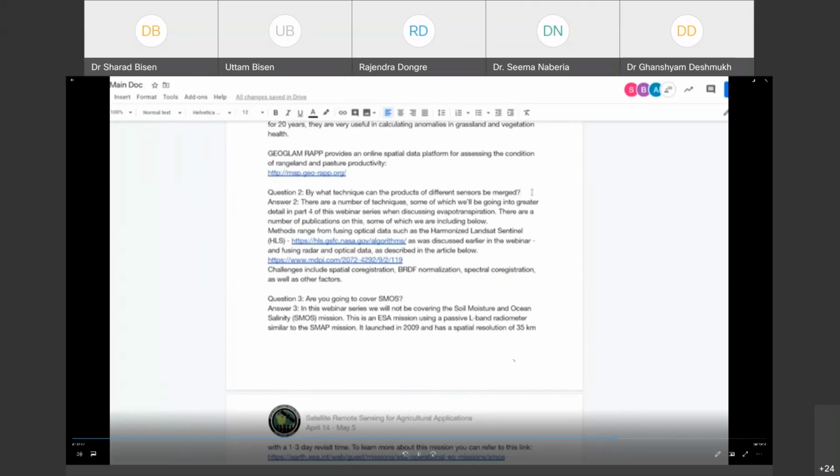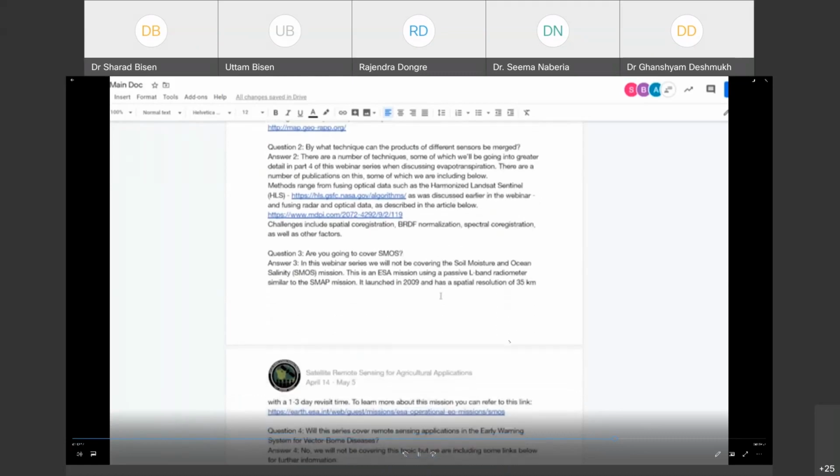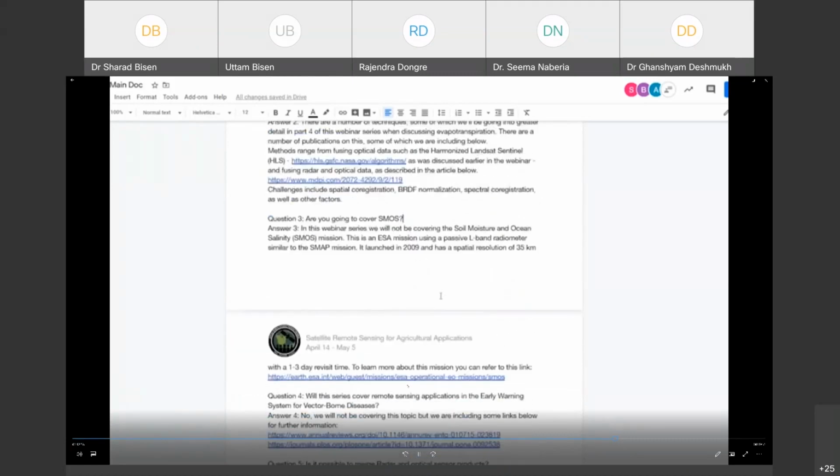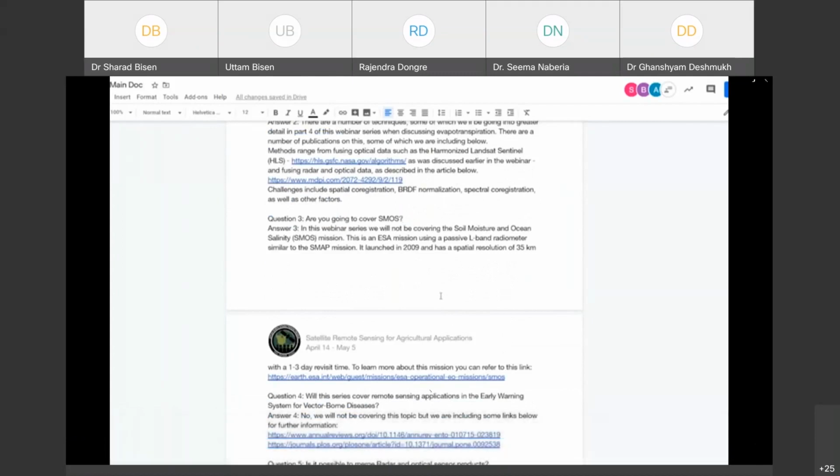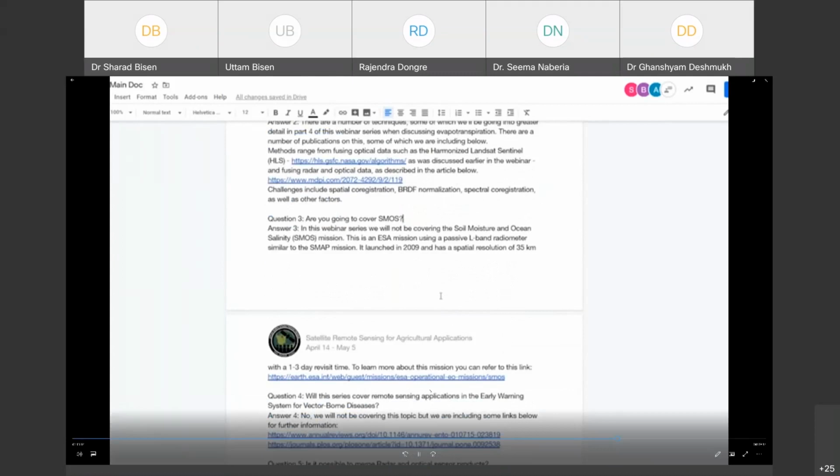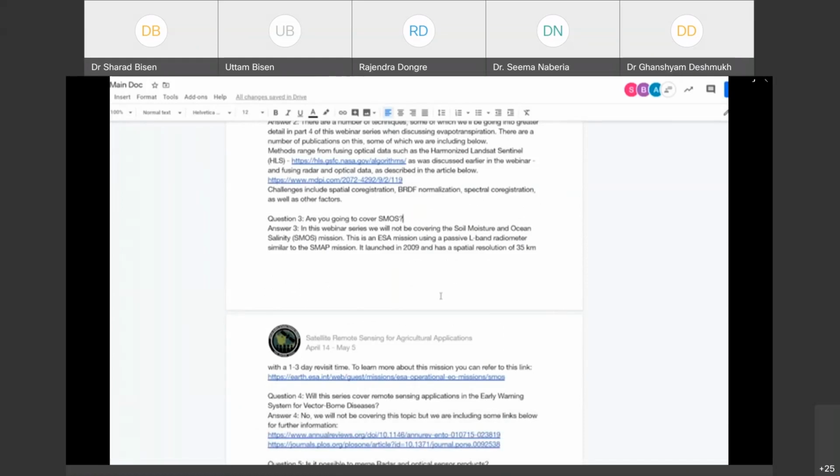So question 3, are you going to cover SMOS? SMOS is the Soil Moisture and Ocean Salinity Mission, and no, we will not be covering the SMOS mission.